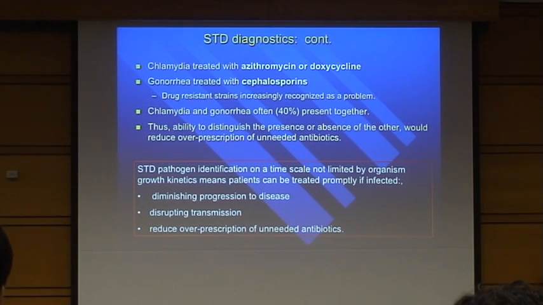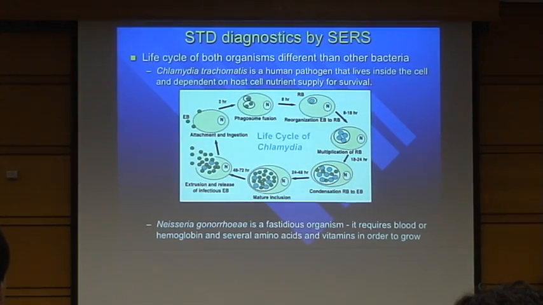So a detection and identification procedure not limited by growth kinetics would diminish progression of disease, disrupt transmission, and reduce, of course, the overprescription of antibiotics.